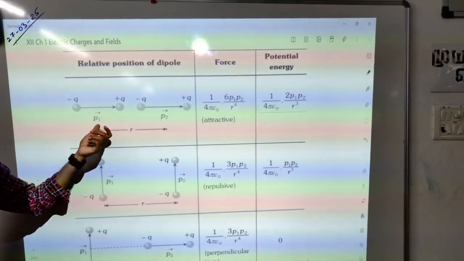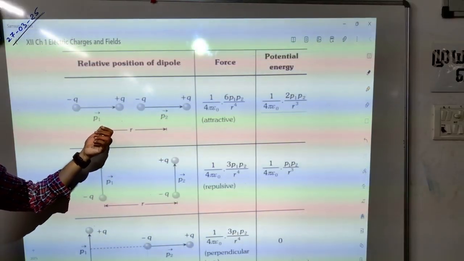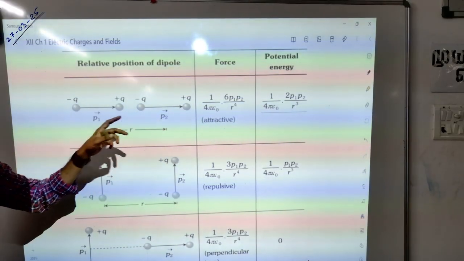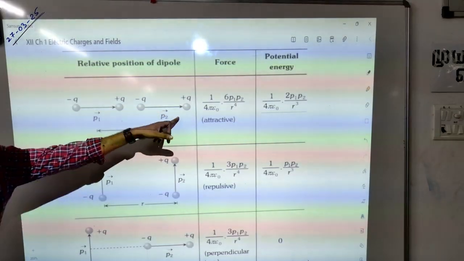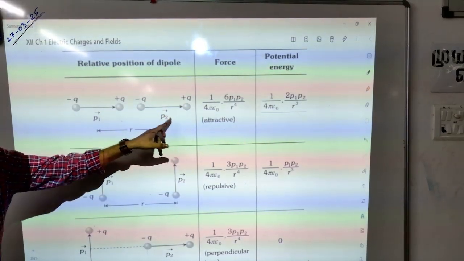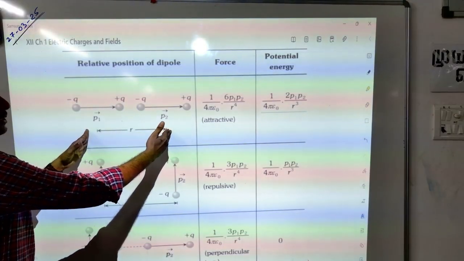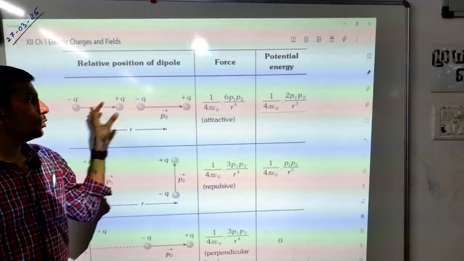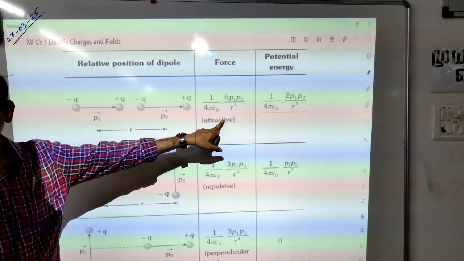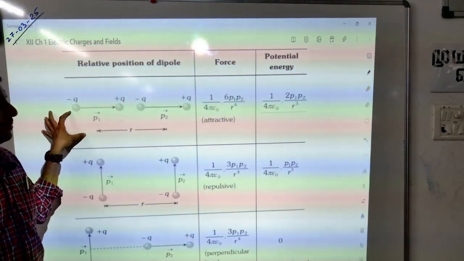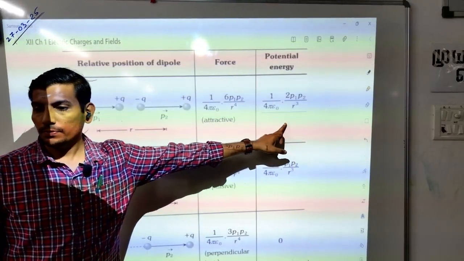First dipole has P1 dipole moment, second dipole has P2 dipole moment. When these two dipoles are parallel to each other and they are separated by a distance r, under this condition, the force between the two dipoles is given by this formula, and the potential energy due to this system is given by this formula.